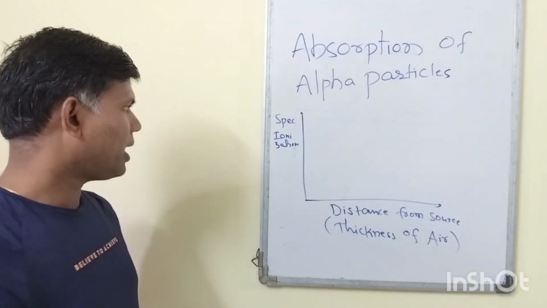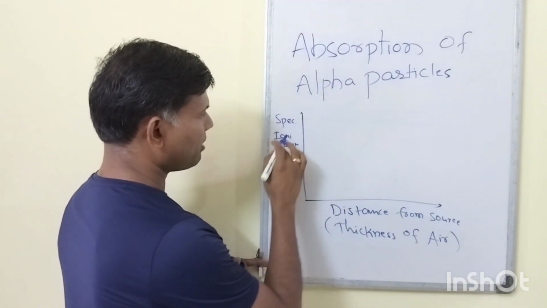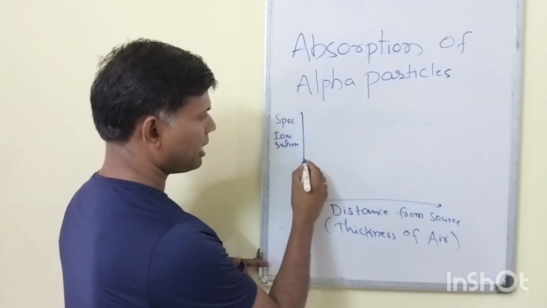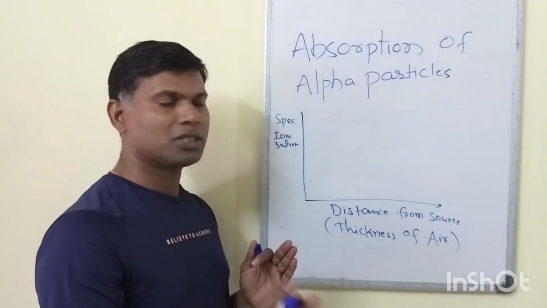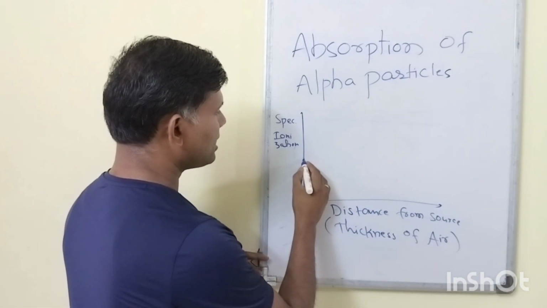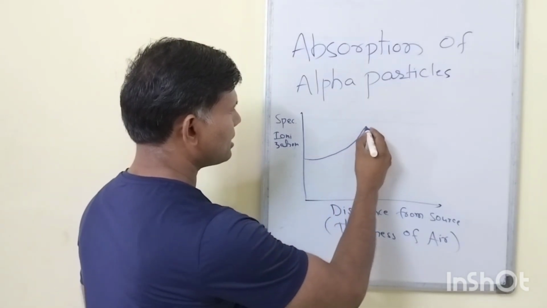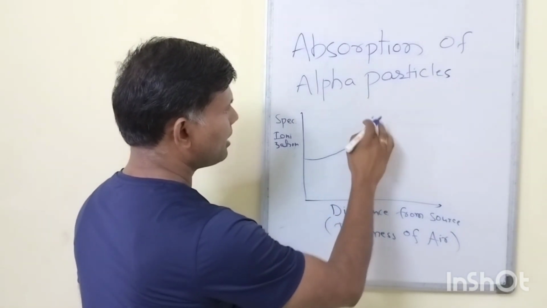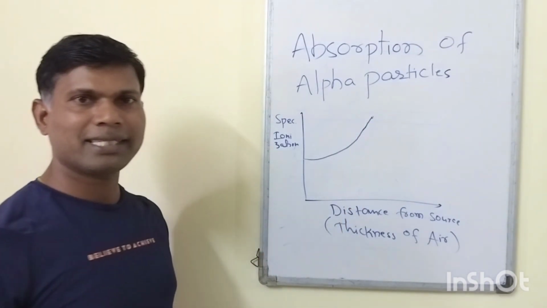Okay. So let it be the very beginning, the specific ionization will be somewhere here. As distance increases from the source, the specific ionization keeps on increasing. Okay. Why is it increasing?